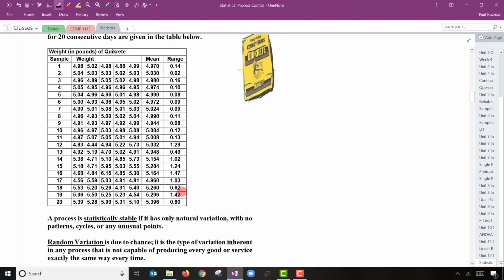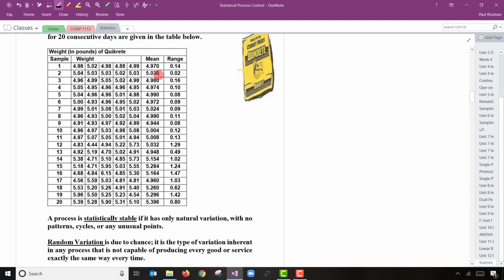And when we're doing this, usually these methods are designed to be simple so that people working in the plant can monitor this and understand what they're doing. You don't need to be a statistician to understand means and ranges.